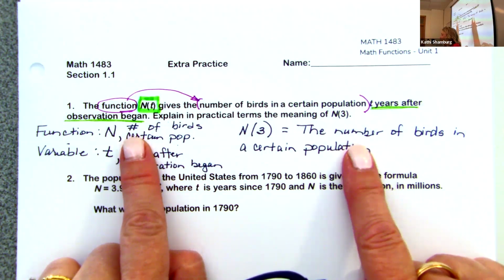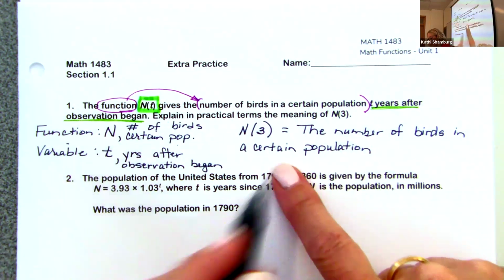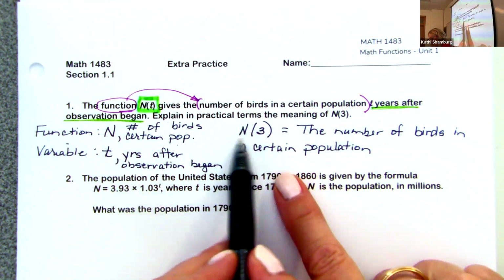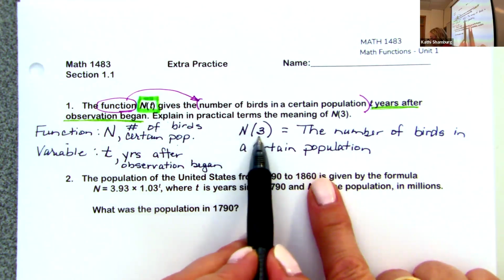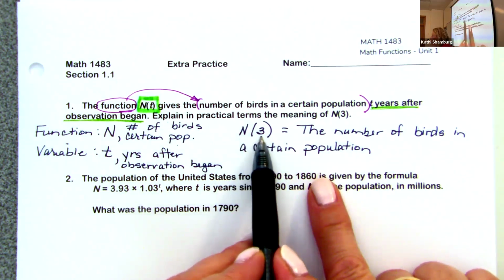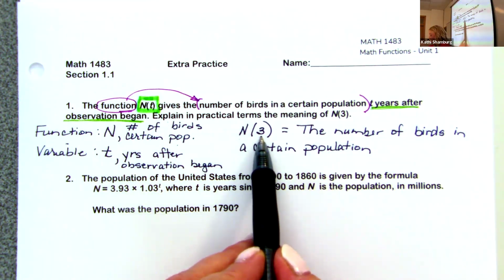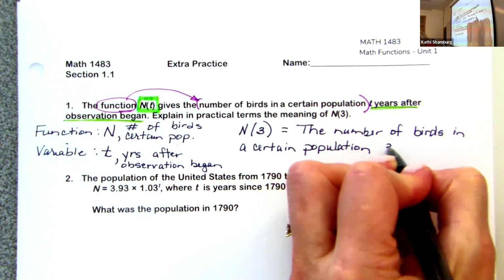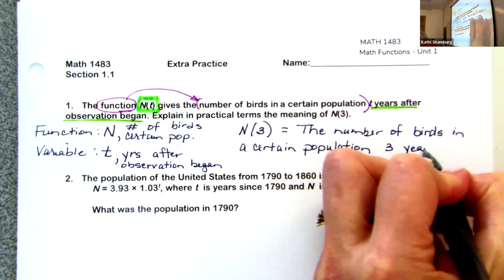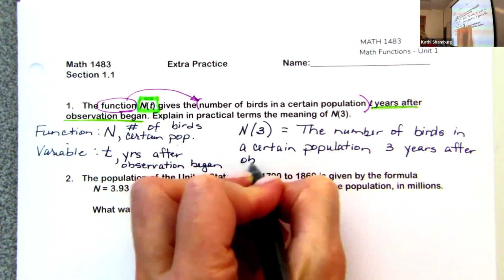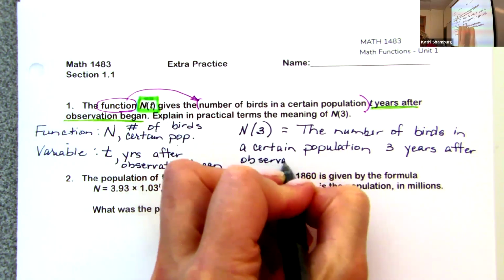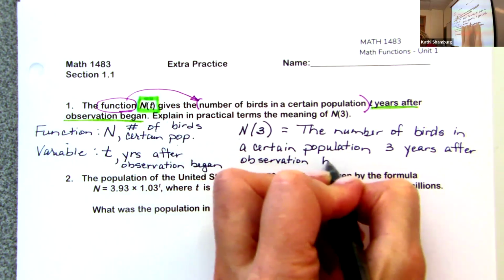Okay, and then explain. So we've got the N part. Now I need to finish it off with what my variable means. So what does this mean? 3 years after observation began.